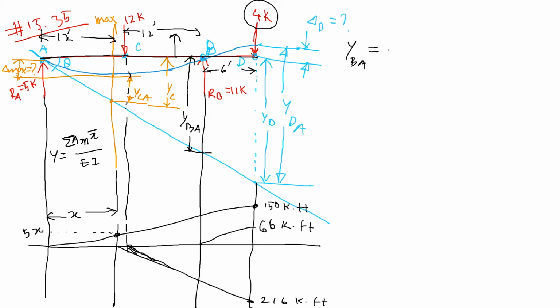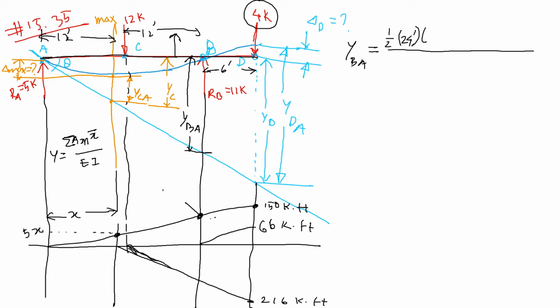So let's calculate that. From A to B I have two pieces of moment, one is 150 and one is 216. That 4k does not come into a BA calculation. So I can say half times base, which is 24 feet, times the moment. Up to B, I have a total of 24 feet, and for that 5k the moment would be 5 times 24, so that's 120.